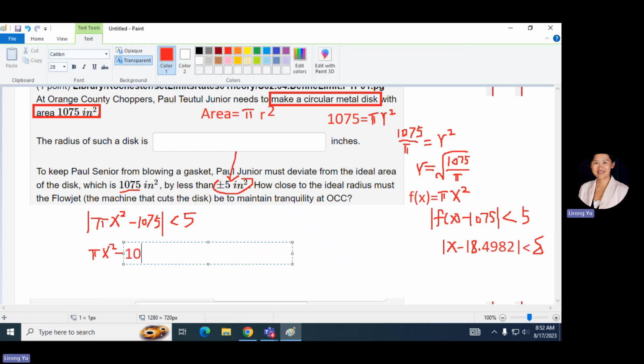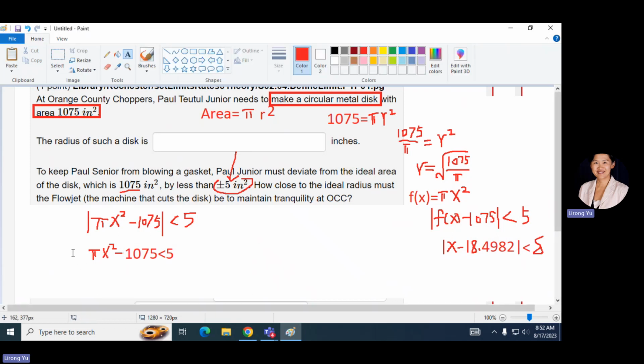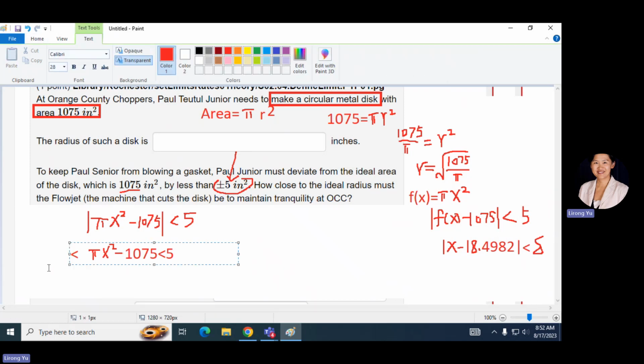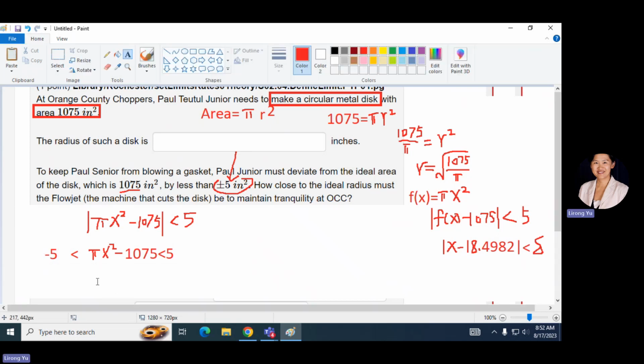So we're removing the absolute value using what we were talking about earlier. On the other side, it's got to be larger than -5. I hope that kind of recalls what we were doing earlier. Are we okay so far? So this is the process of removing the absolute value, and then we are hoping to get x by itself.